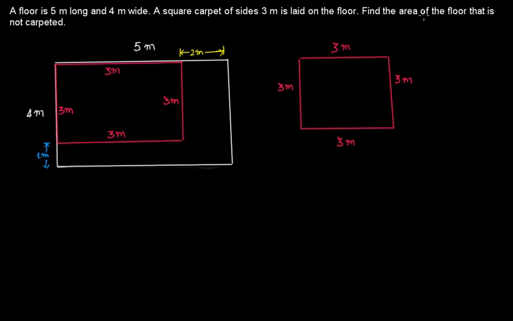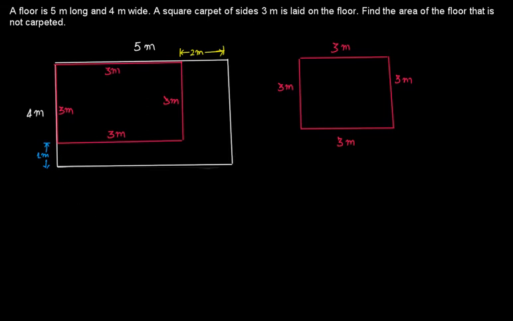So you have to find the area of the floor that is not carpeted. That's very simple. First find out the area of the rectangle and then find out the area that could be covered using this carpet, and that will be the area of this carpet, and subtract this area from the area of the rectangular floor and you'll get the answer.